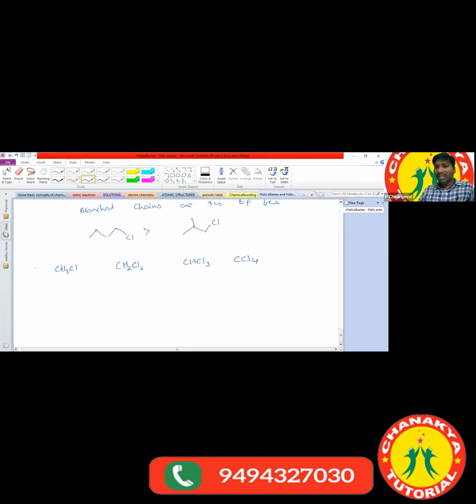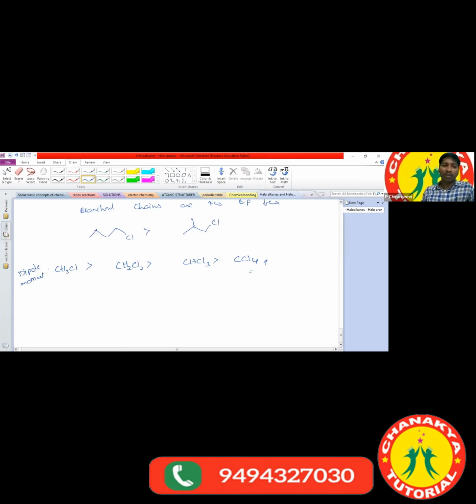What is the decreasing order of the dipole moment? Methyl chloride has a greater dipole moment than dichloromethane. After that, chloroform, and finally carbon tetrachloride has the least dipole moment.